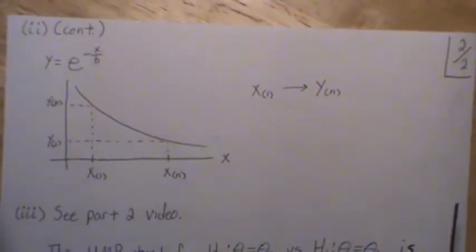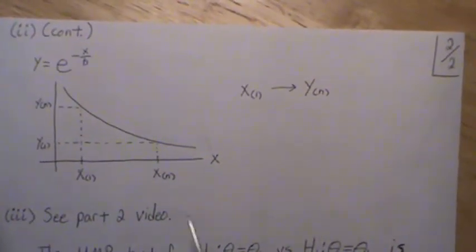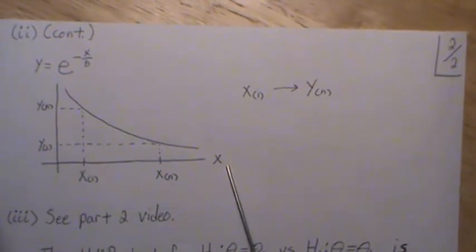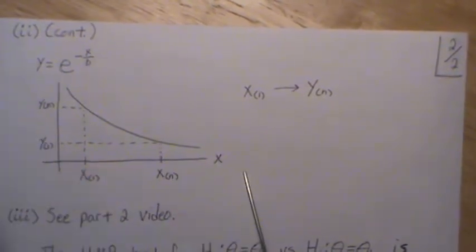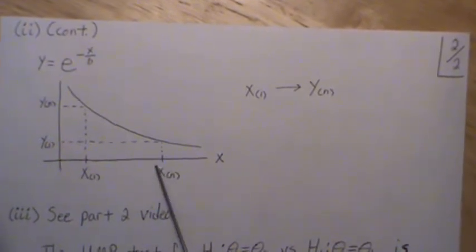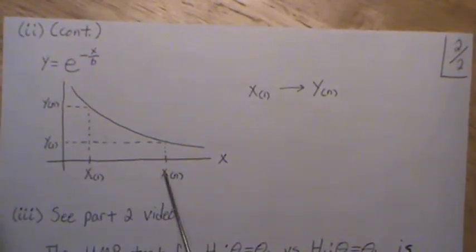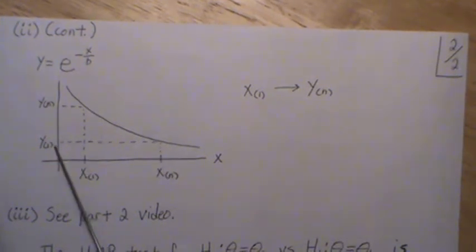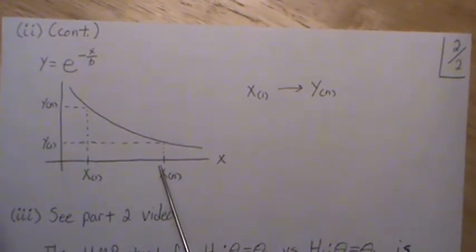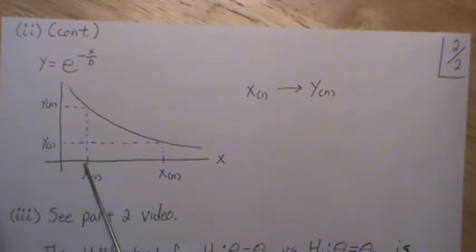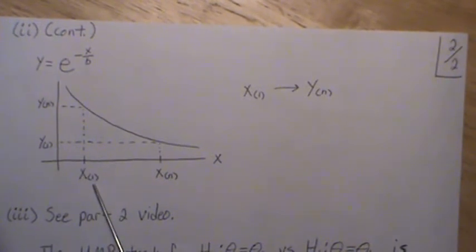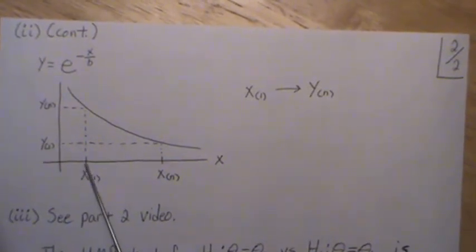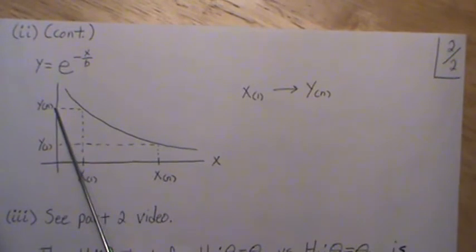Okay, so now this is the graph that I wanted to show you. So this is x, and notice that there's a largest value, xn, and if we transform that, it gets put to this y value, and then there's more x's, and then somewhere there's a smallest x, so x1, the first order statistic, and that gets transformed to here.